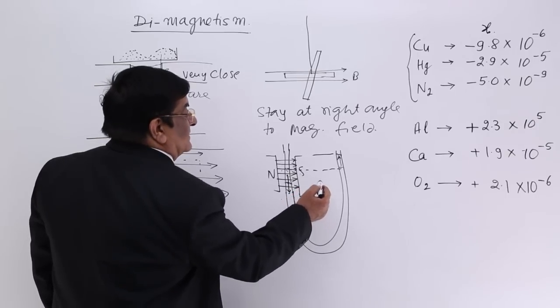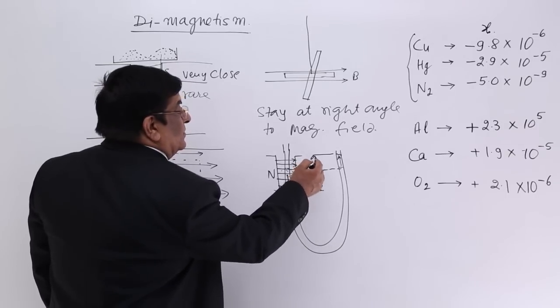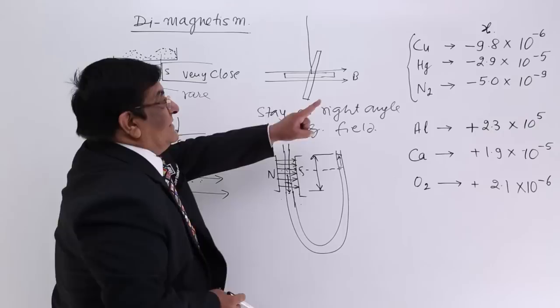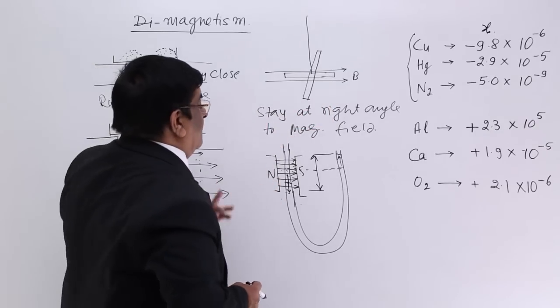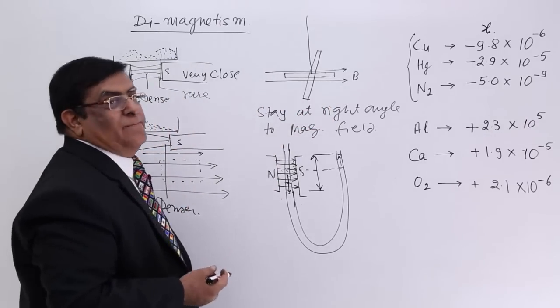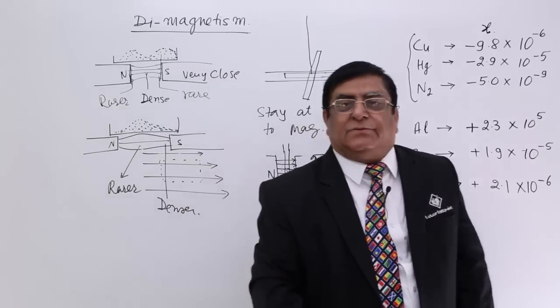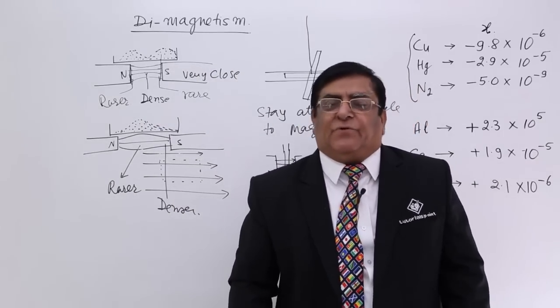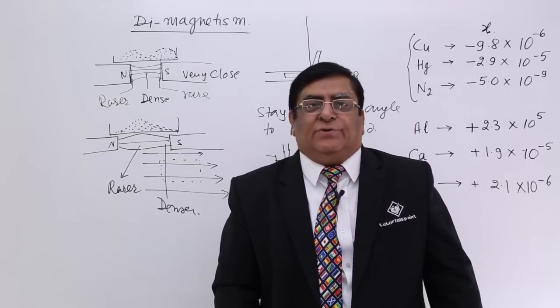And this level difference is due to its nature of diamagnetism. So these are examples of diamagnetic material. The other types of material, paramagnetic, we will do in the next lecture.